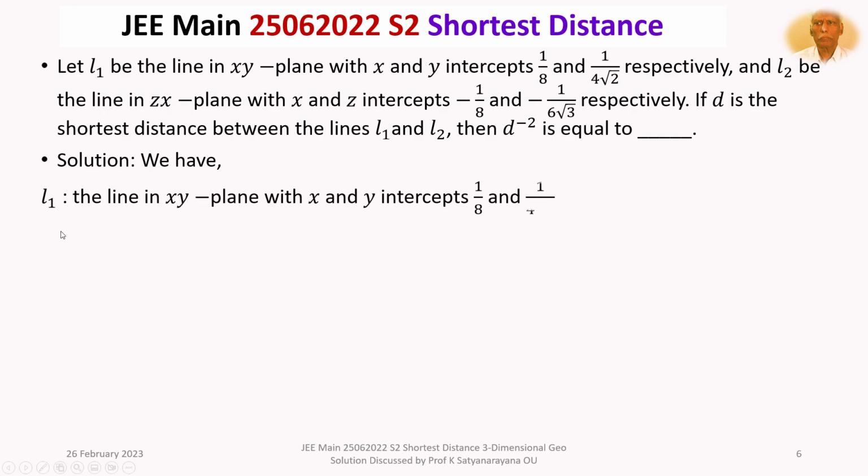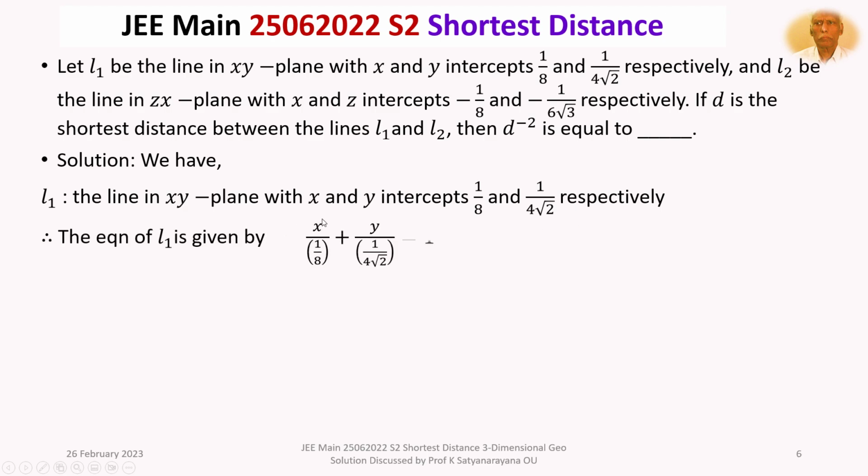We have L1, a line in the xy plane with x and y intercepts 1 by 8 and 1 by 4 root 2 respectively. Now we can write down the equation of the line L1 as x by x intercept plus y by y intercept is equal to 1, with z is equal to 0.